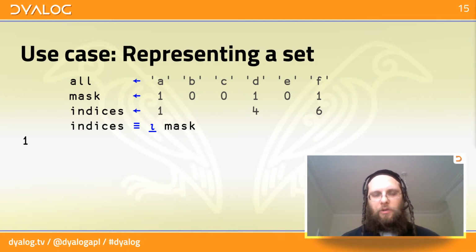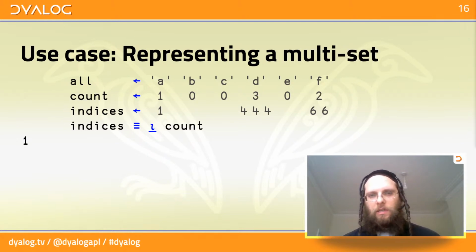And similarly, if we change from using a mask to using a count, then with this extension of the where primitive, it will do the same conversion. So here we have a conversion from the count representation of a multiset to the indices representation of a multiset.